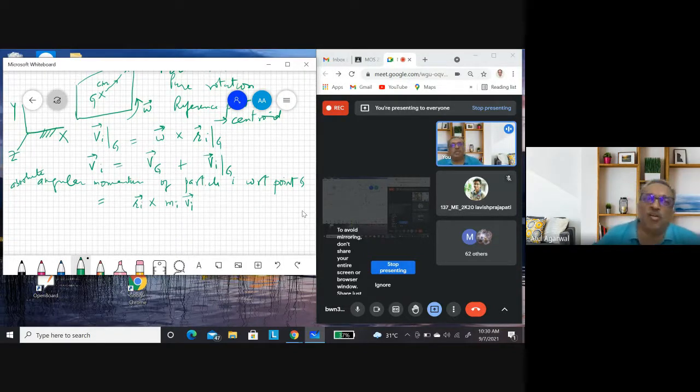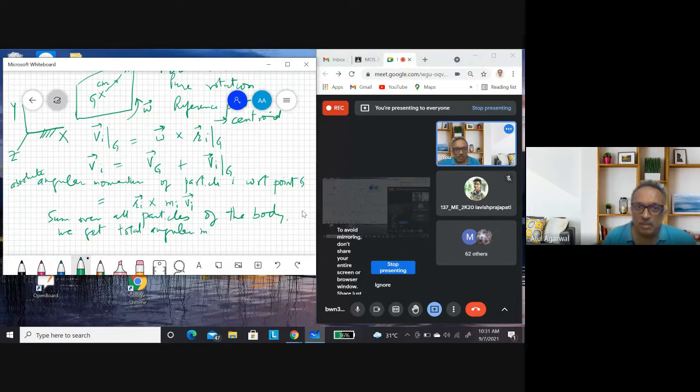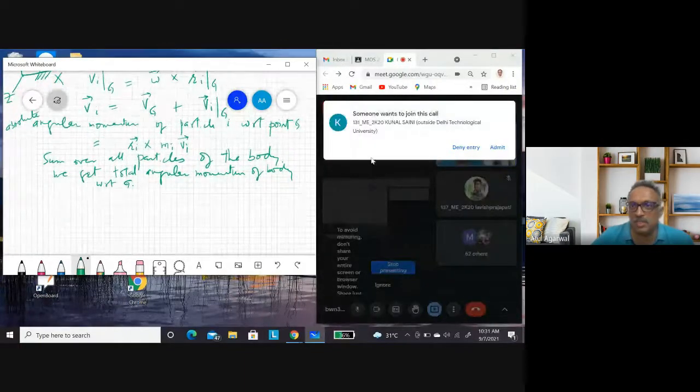Now if we sum it over all the particles, sum over all particles of the body, what you will get? Total angular momentum. Angular momentum of the body with respect to point G. So it is just an addition process.